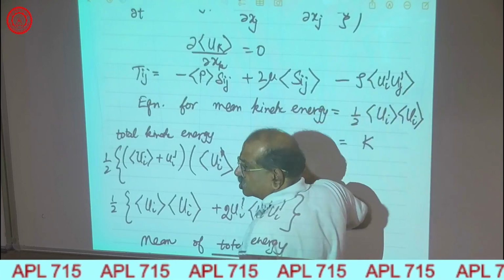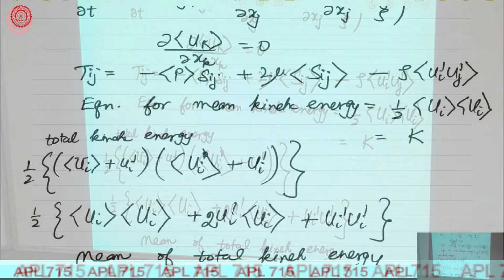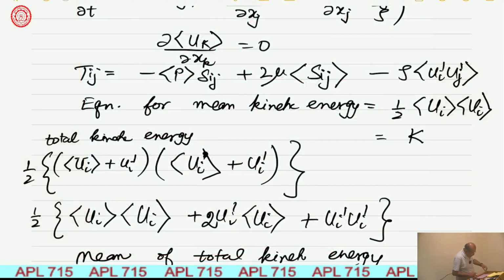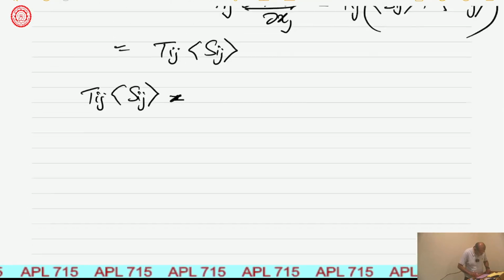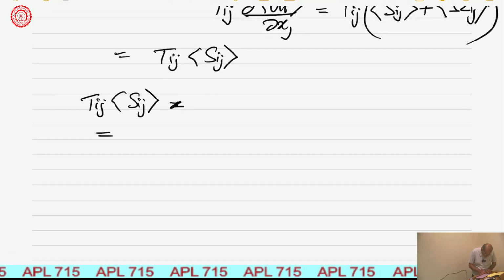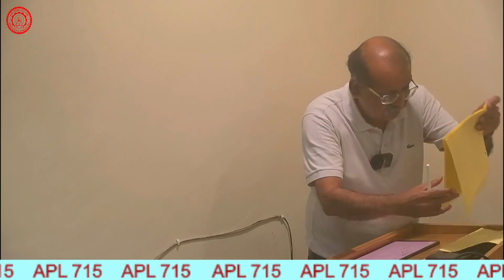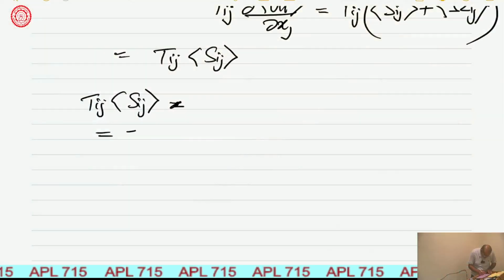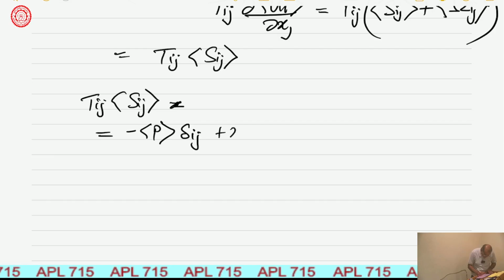Okay, so that's what I'm going to do. So we write Tij mean of Sij. So this will be equal to, I'll copy down from my notes what was Tij first. Minus P. So this I'm copying from page 1, the top of the lecture. Plus.